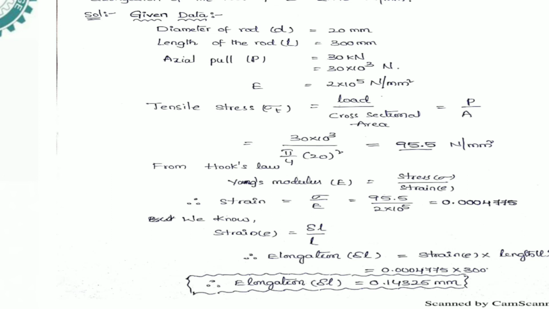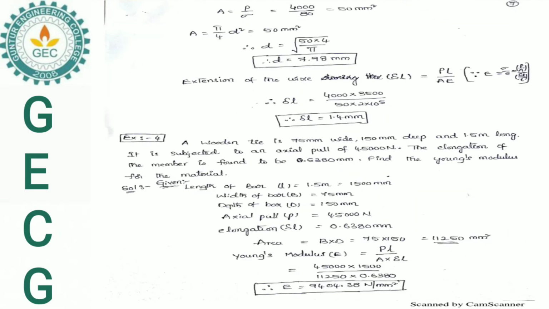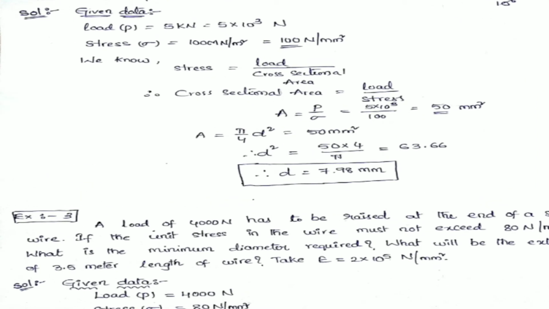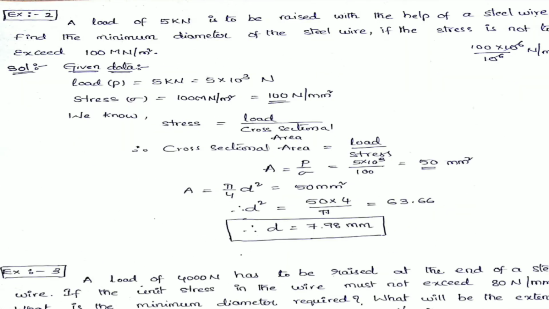Next, another problem. A load of 5 kilonewtons is to be raised with the help of a steel wire. Find the minimum diameter of the steel wire if the stress is not to exceed 100 MN per meter square.